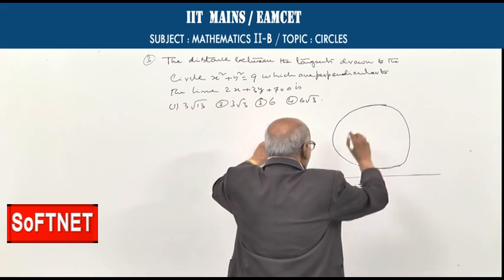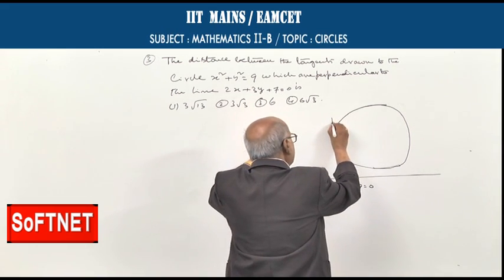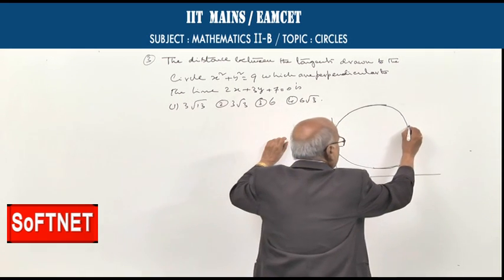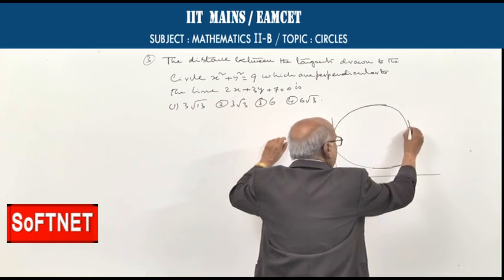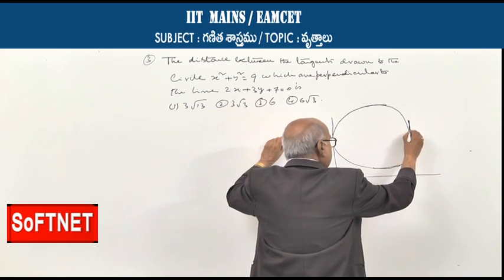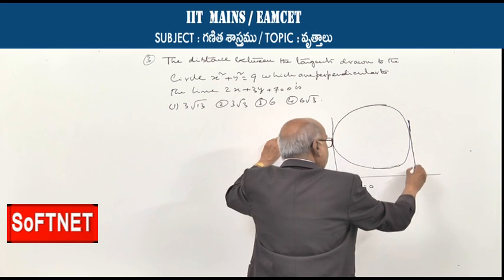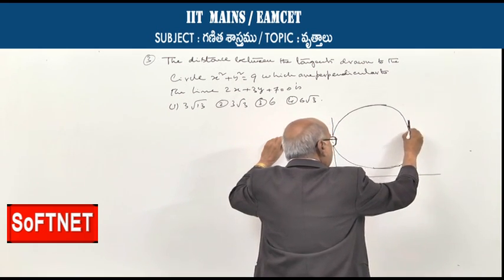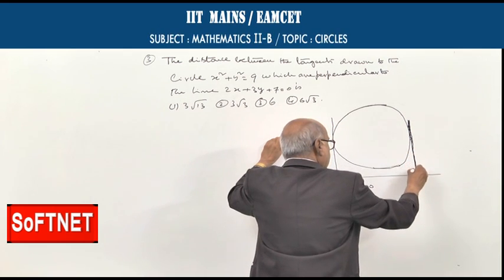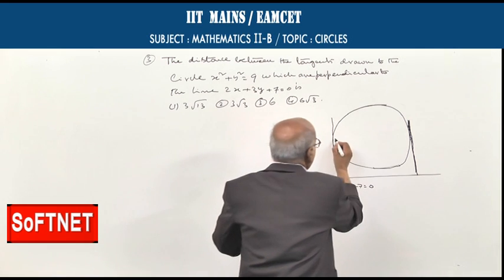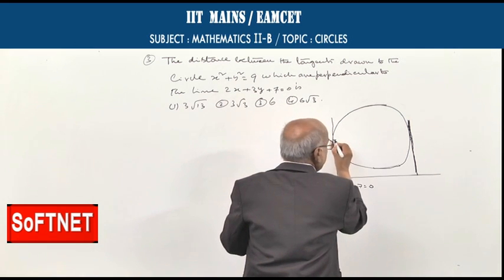Now he has drawn two tangents which are perpendicular to this line, and automatically the shortcut method is very simple.